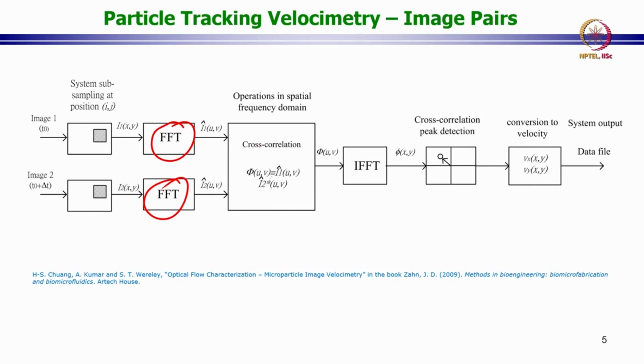And then the cross correlation quantity in the Fourier space becomes very easy to evaluate, because all you have to do is multiply these two together, and then you do an inverse Fourier transform to get the cross correlation that you were looking for. Once you have this real cross correlation, then you can just go ahead and do this peak detection that we have talked about, and then you convert it to the velocity, finally getting the data. Okay, again, this image was published in this book chapter, so if you want, you can look it up more.